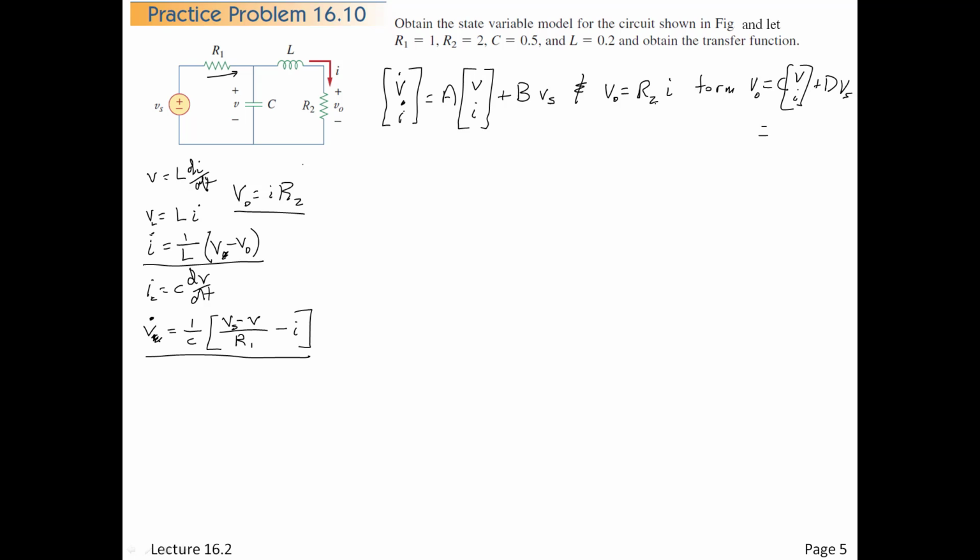Our C matrix is just this, 0, R2, right? That's our C times VI. Okay, so we're done with that part of the state variable model. All we got to do now is basically get our A and B matrices. All right, so we're going to do that right away.